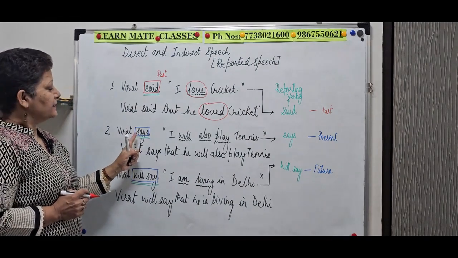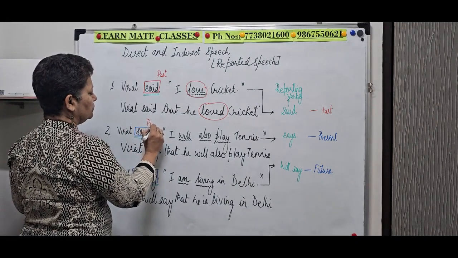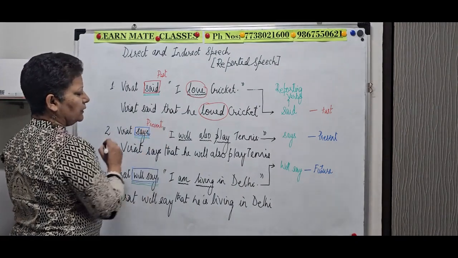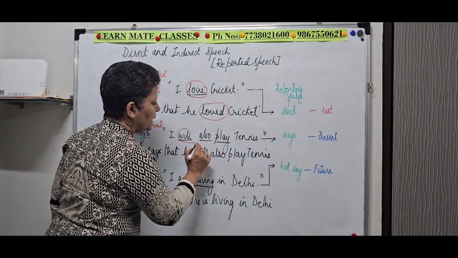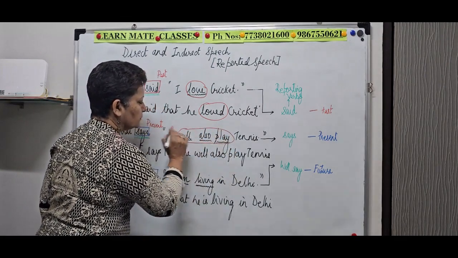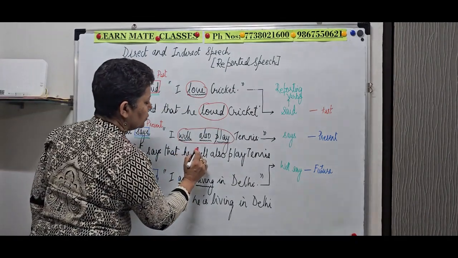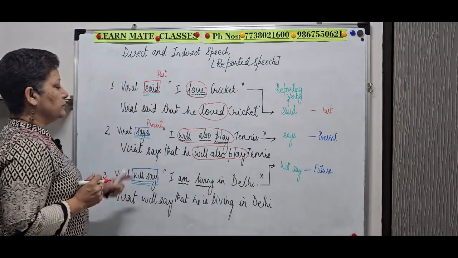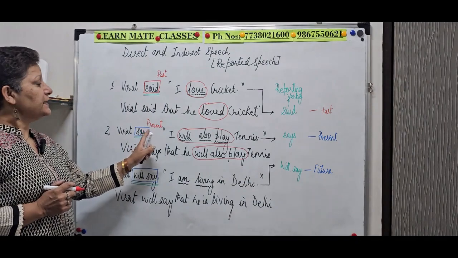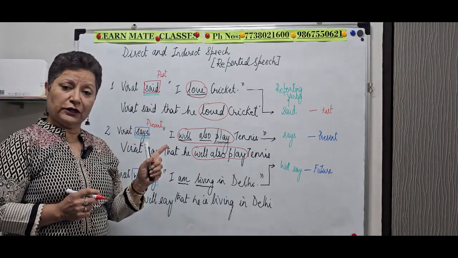This says it is a present tense verb. What is the verb inside? I will also play. But there's no change inside. So when the reporting verb is in the present, the verbs inside do not change.